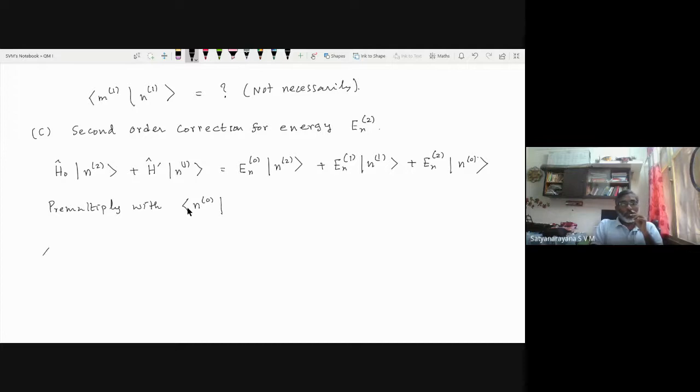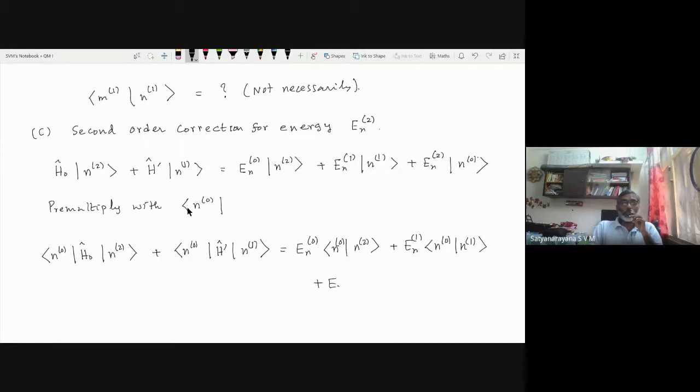So that will give me N0 H0 N2 plus N0 H prime N1, that is equal to En0 N0 N2 plus En1 N0 N1 plus En2 N0 N0.